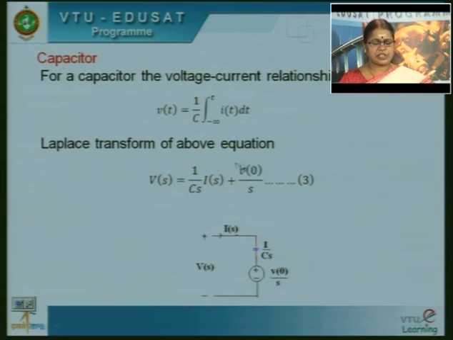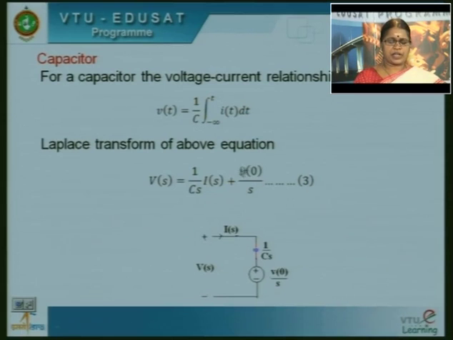And every term in this equation is a voltage, even this term should be realized as a voltage. So, this term can be realized as a voltage source whose value is V0 by S. If you look at the polarities, the polarities of these two terms must be such that they oppose each other.